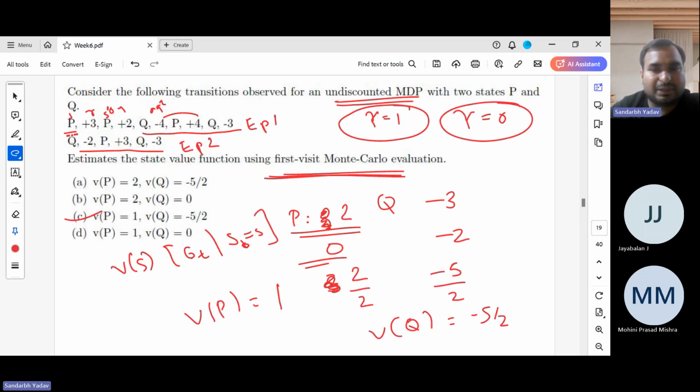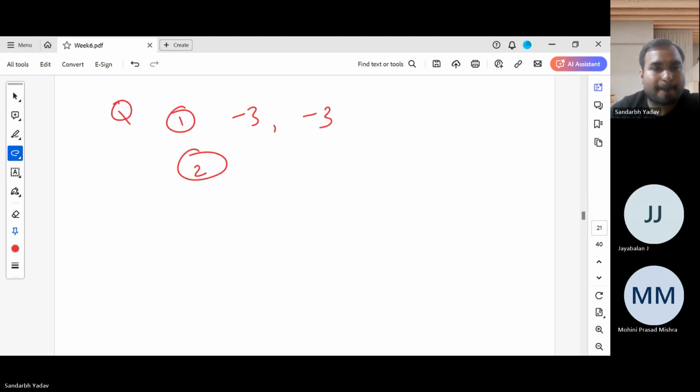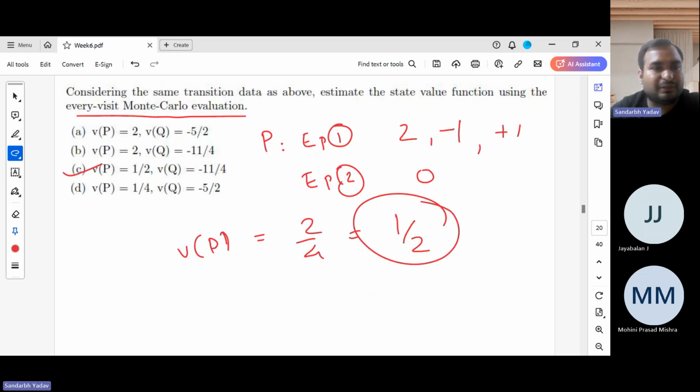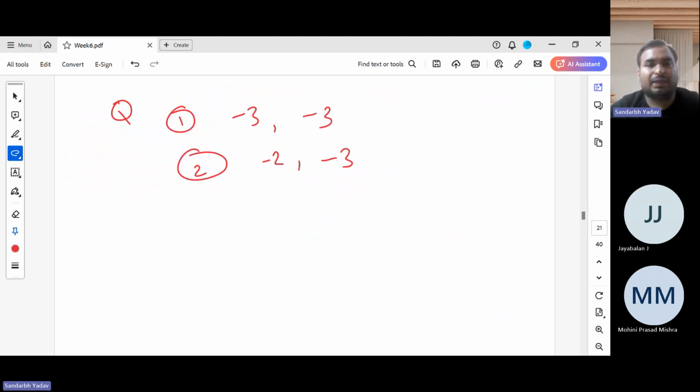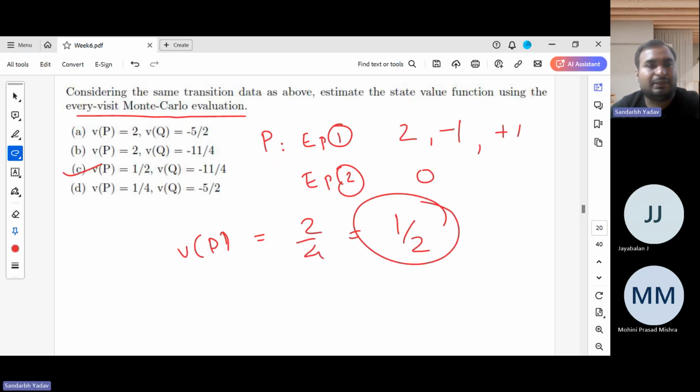Again, first visit, we have the value, it was -2. And for the second visit, again it's -3 only. So again you can sum them up and divide by 4. So it will be -11 by 4. And was it -11 by 4? Yes. So C is indeed the correct answer.